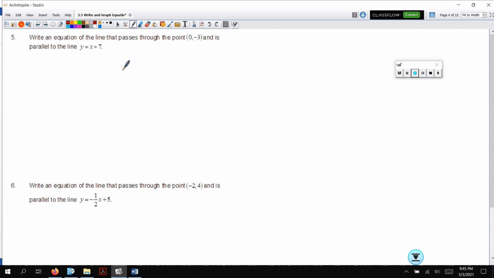All right, number 5, we're going to write an equation of a line that passes through the point 0 comma negative 3 and is parallel to the line y equals x plus 7. That is exactly like the question we had before it. So why don't you pause the video now and see if you can do it yourself. Remember, you're plugging into y equals mx plus b.